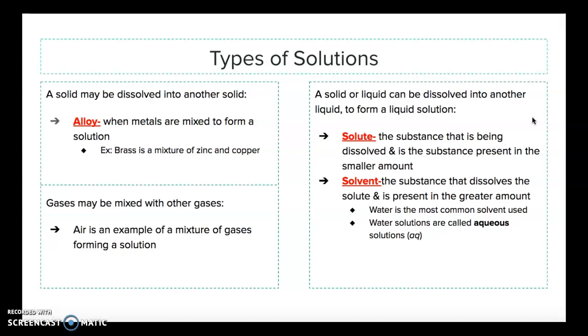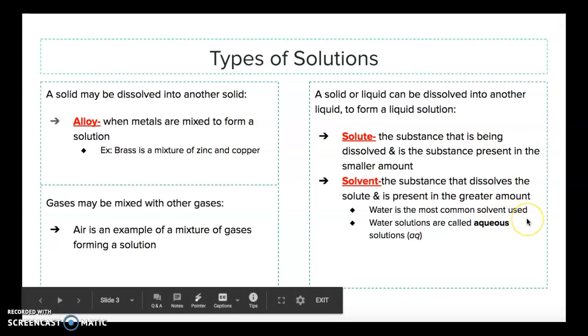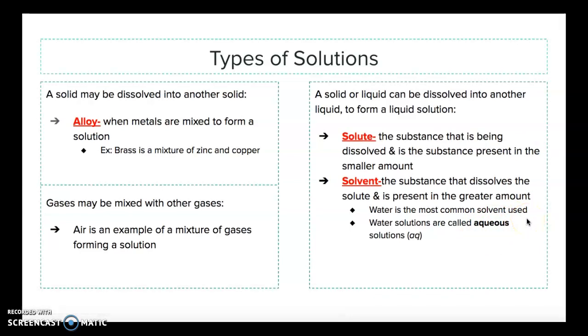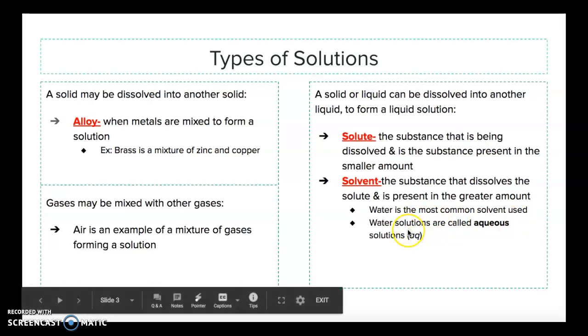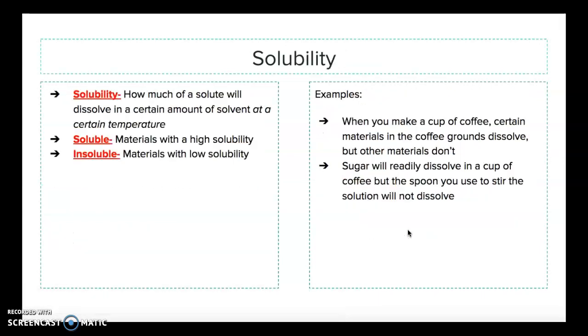And then the solvent is a substance that is doing the dissolving, and it's typically what we have a greater amount of. Our most common solvent that we use is water, and when we use water as a solvent, we have aqueous solutions. And we know from doing reactions that when it is an aqueous solution, we write a little AQ notation next to our compound to signify that it is in water.